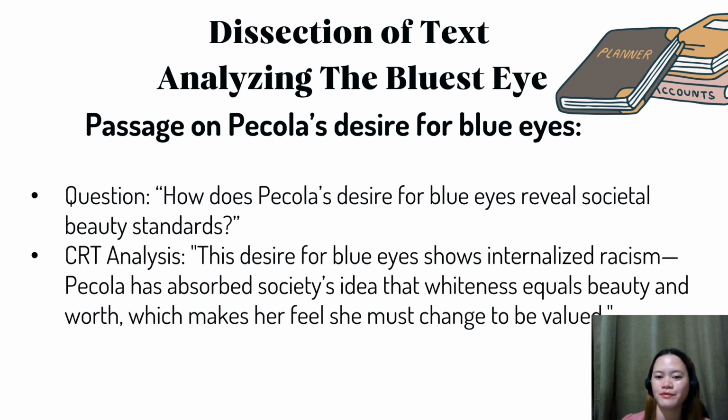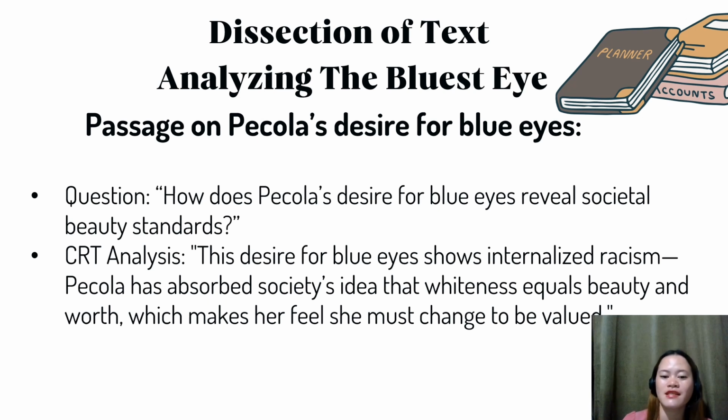Can I have Marie? Okay, that's a great idea. Who else? Can I have Nera? Yes, that's a good idea. Thank you so much. Now, let's have the CRT analysis for this passage.